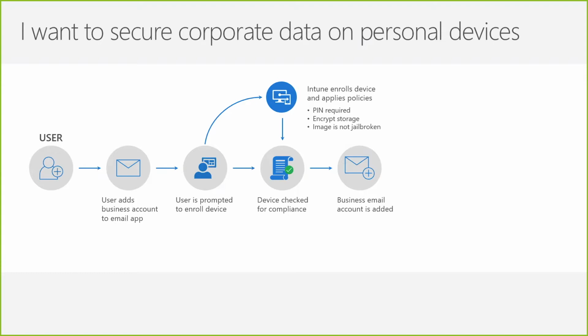If the company administrator says that a minimum iOS version 10 point whatever is required, and you meet it, then it is okay. You can use this private mail app to contact your business email address and access your corporate emails.